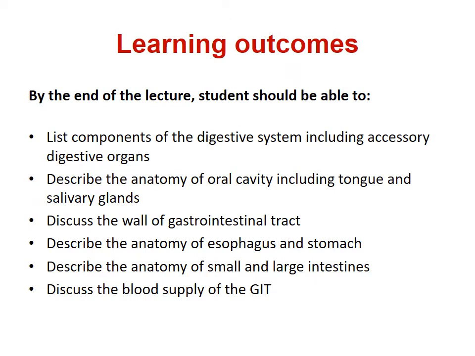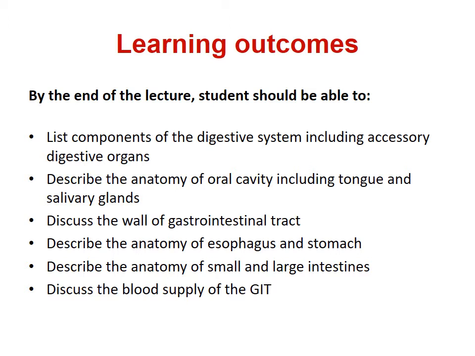This is the learning outcomes of the digestive system. By the end of the lecture, the student should be able to list the components of the digestive system, including accessory digestive organs. Hopefully we will discuss in this part 1 the digestive system itself, and the accessory part we will discuss in part 2.